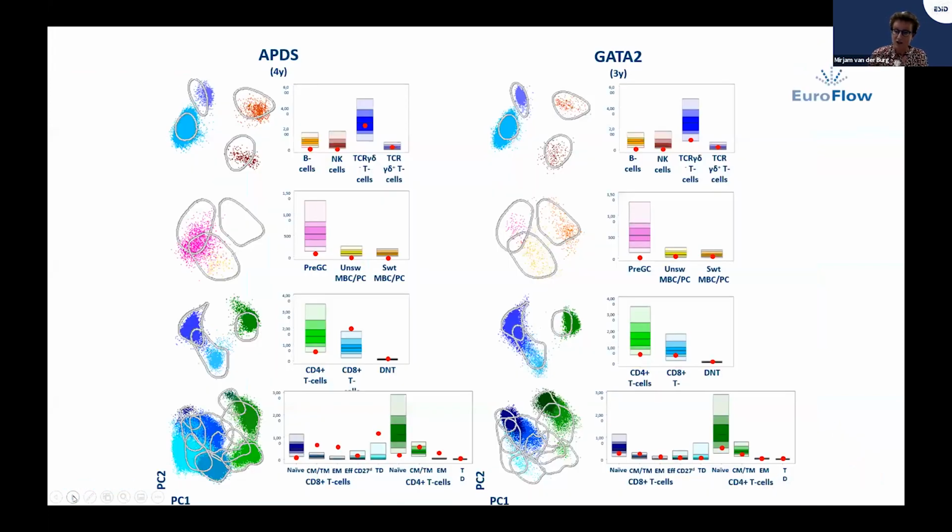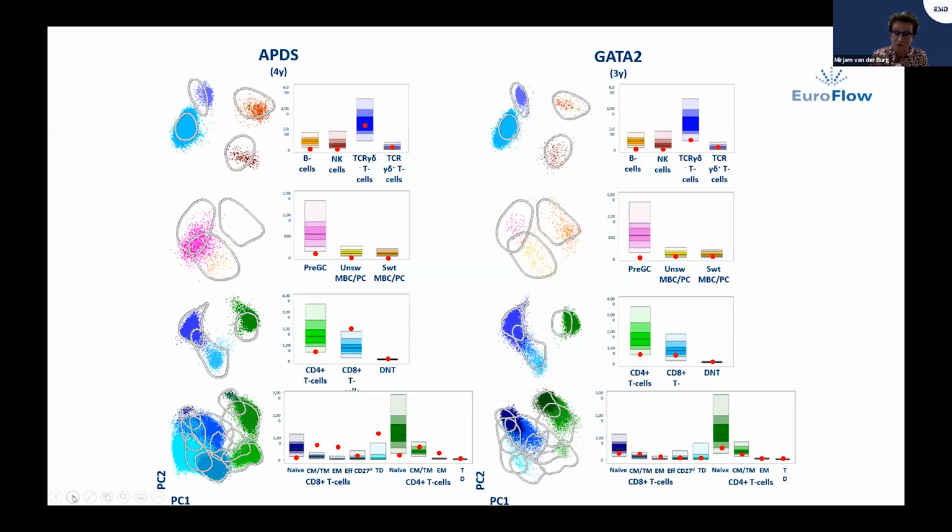This is also an example of what we did. You can not only measure the amount of lymphocyte subsets, but it also allows you to do some pattern recognition, as different inborn errors of immunity have different profiles of the lymphocyte subsets.